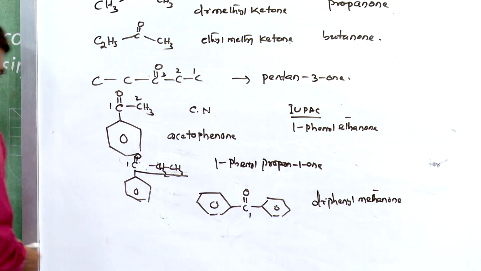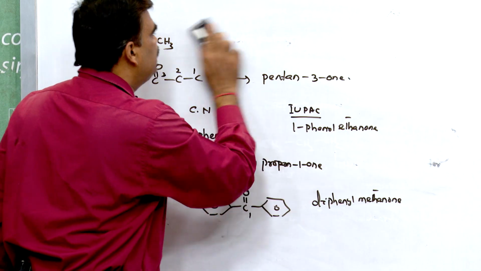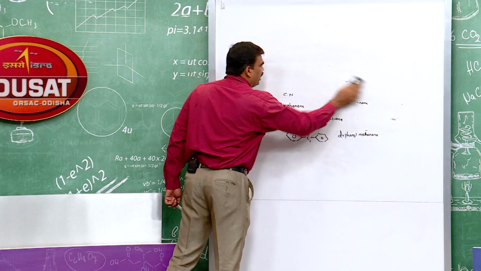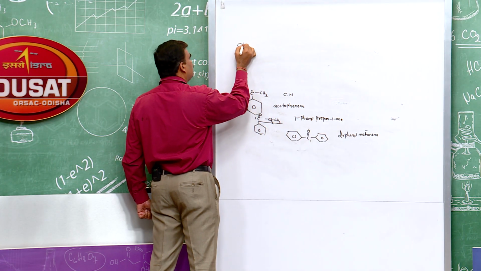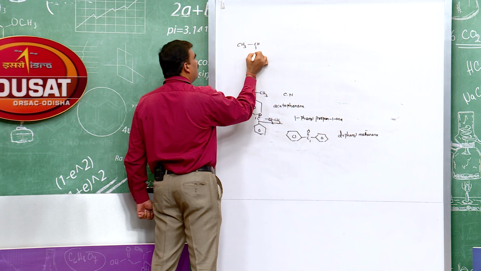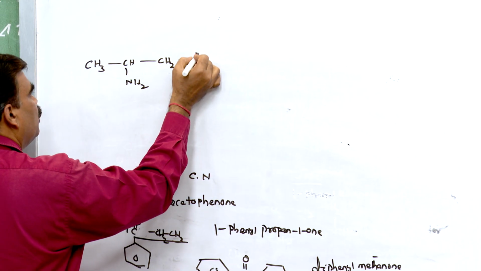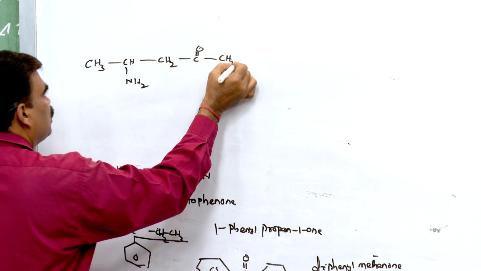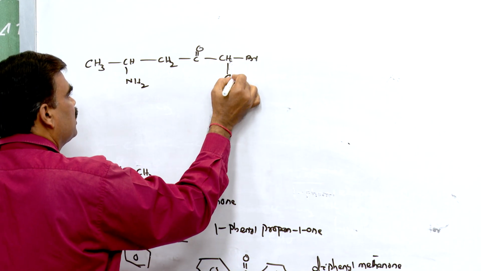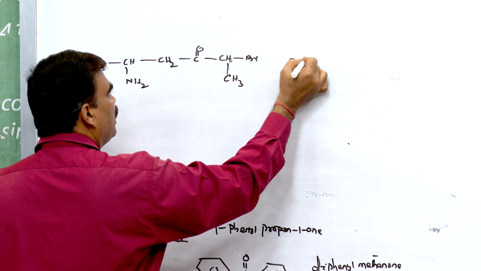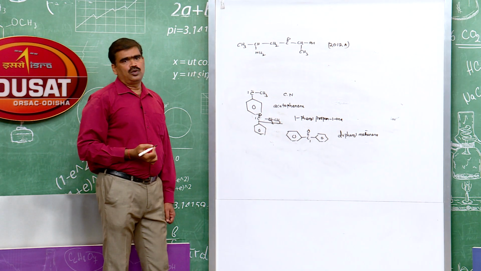In this way, a question was asked in the 2012 CHSE annual. Like this, you do the nomenclature: CH3, CH, NH2, CH2, CO, CH, this is your Br, this is your CH3. So, in the 2012 annual examination, this question was asked to do the nomenclature.